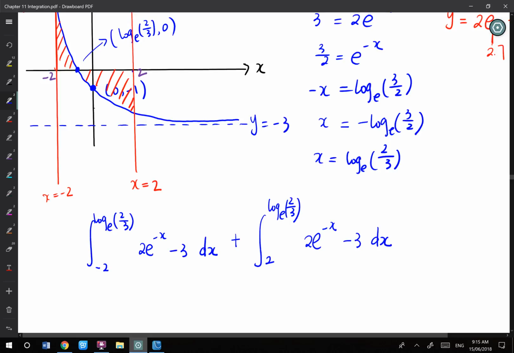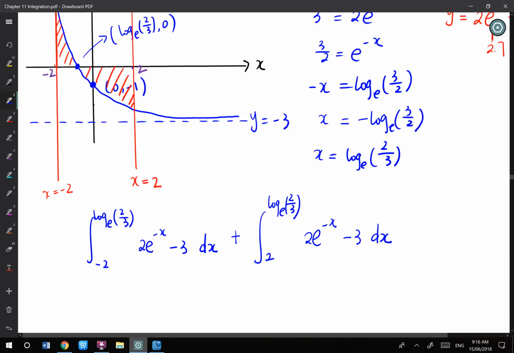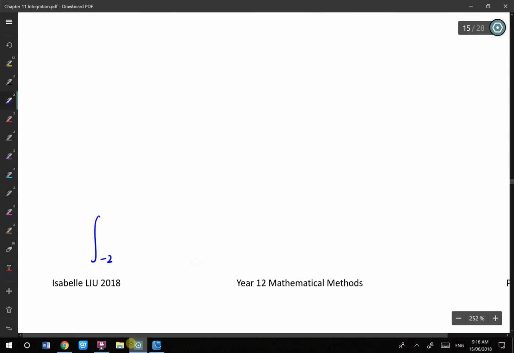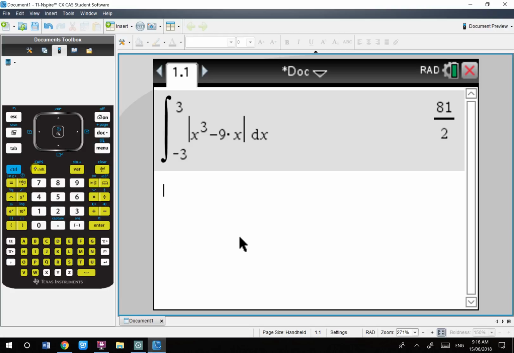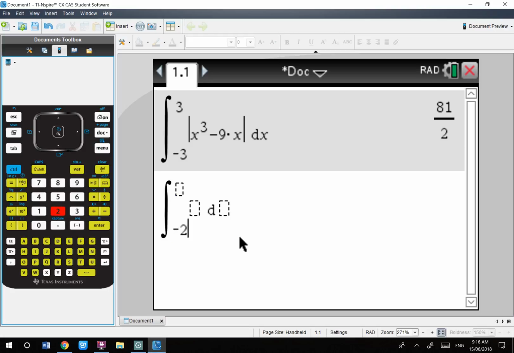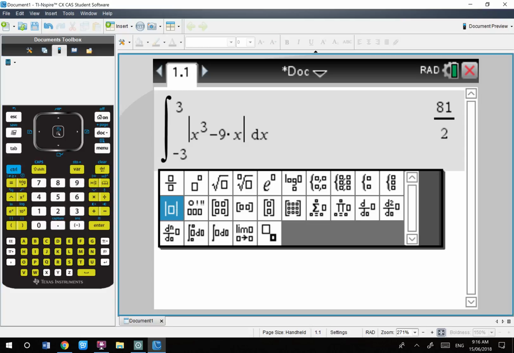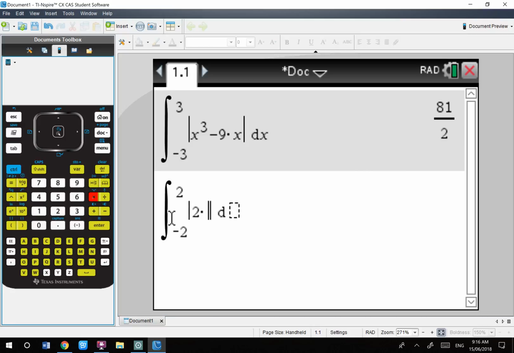So this is doing it by hand. I can also just say the integral from -2 to 2 of the absolute value of 2e^(-x) - 3, dx. Just put that into the calculator. I don't have time to go through the hand approach with you, but let's see what the answer should be.